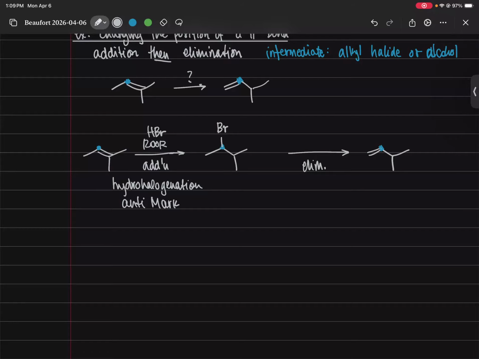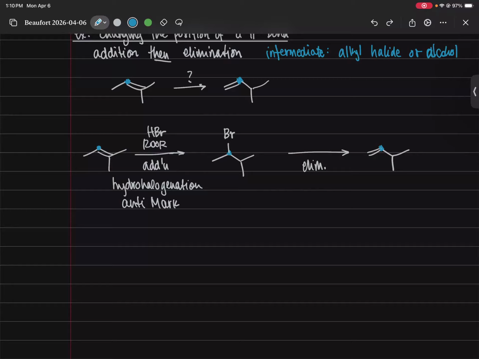We're eliminating, so we have two options when we do an elimination. We can go left or right. Right goes to the more substituted carbon. Left goes to the less substituted carbon.